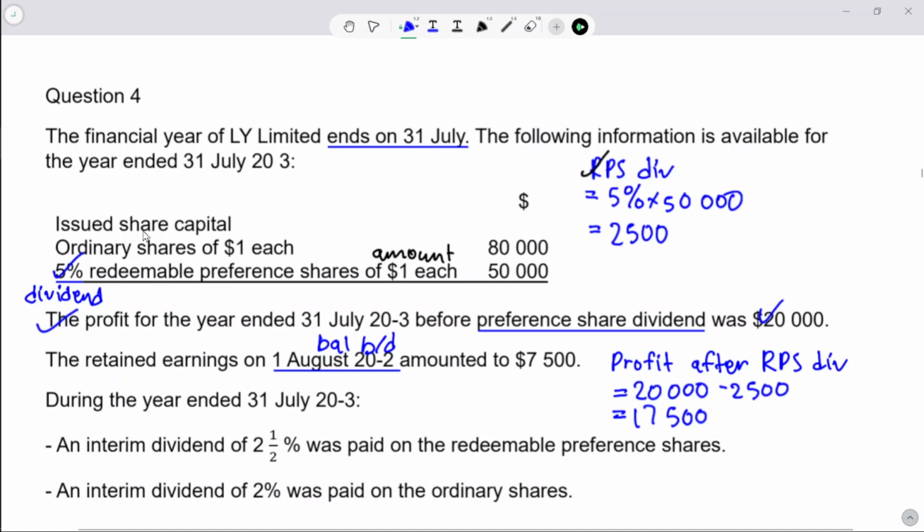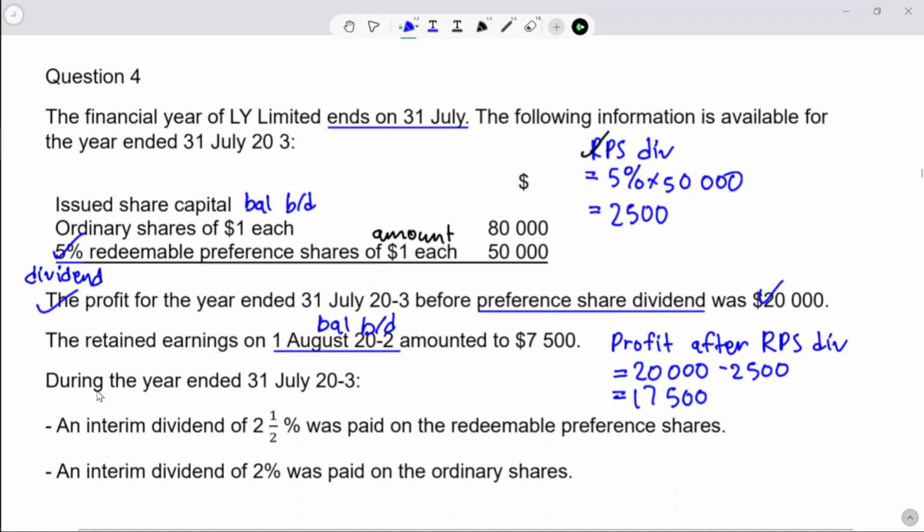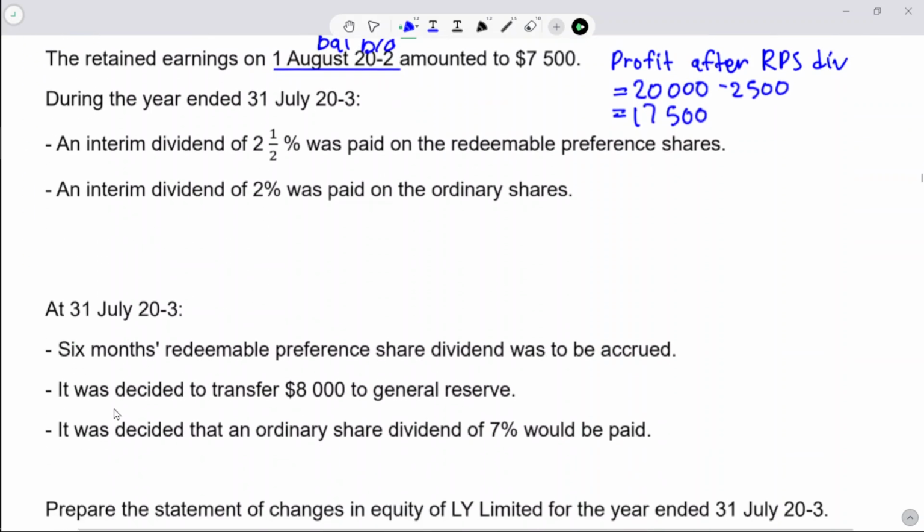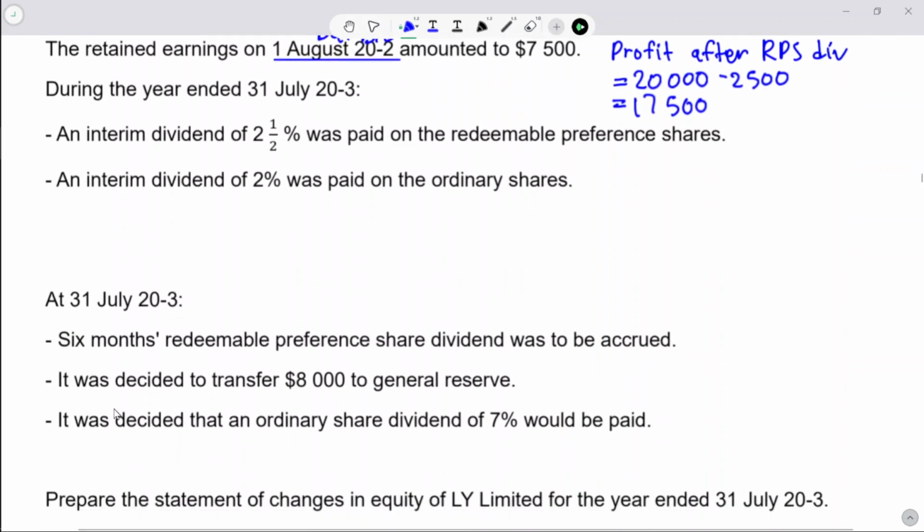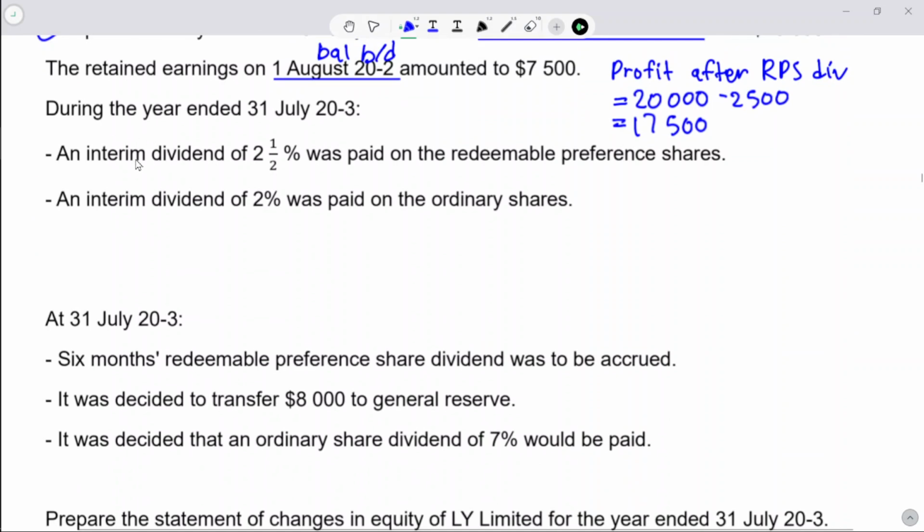Now let's continue. This one didn't mention anything, right? I assume this one is actually balance PD. Then he said dividend on preference shares.